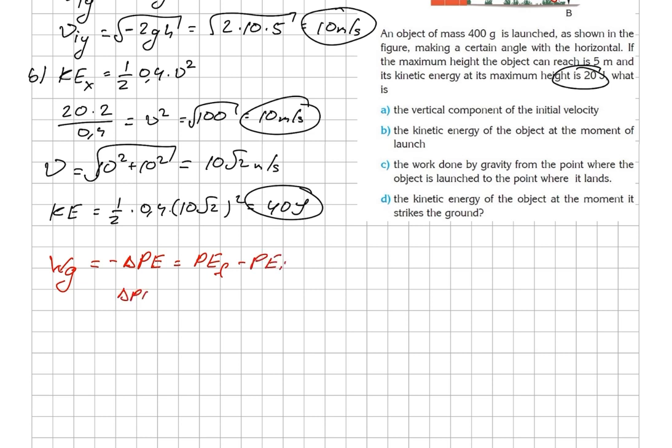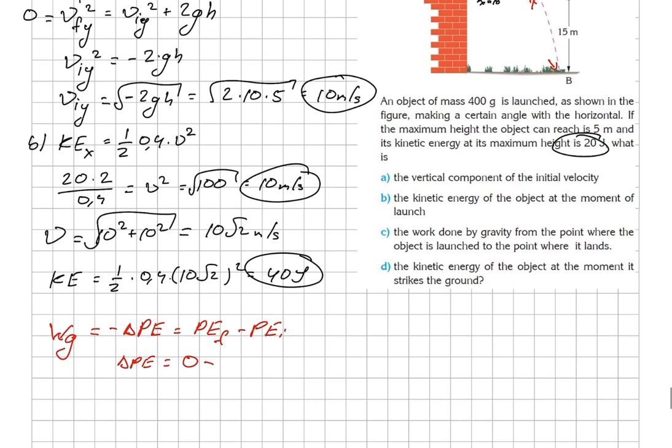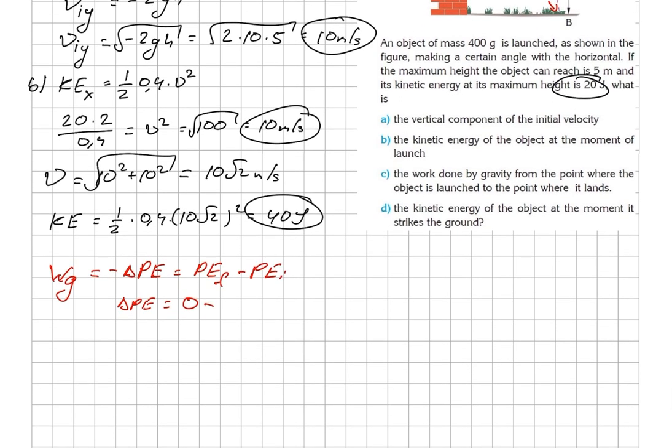Potential energy final is 0 at the bottom, minus potential energy initial, which is mgh1, with a negative sign, and these negative signs cancel each other.